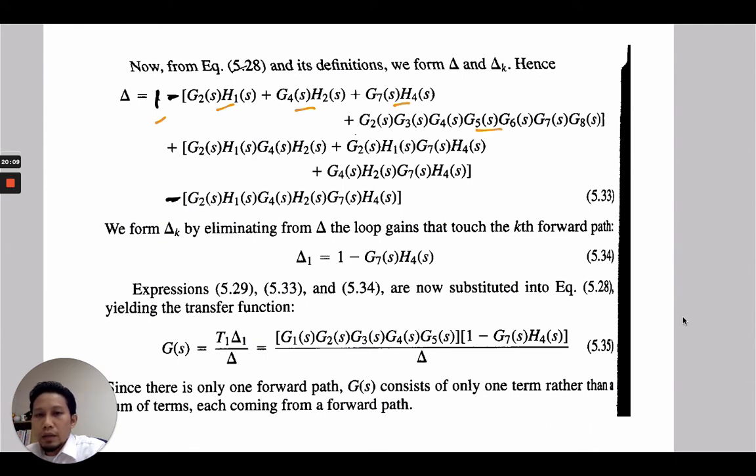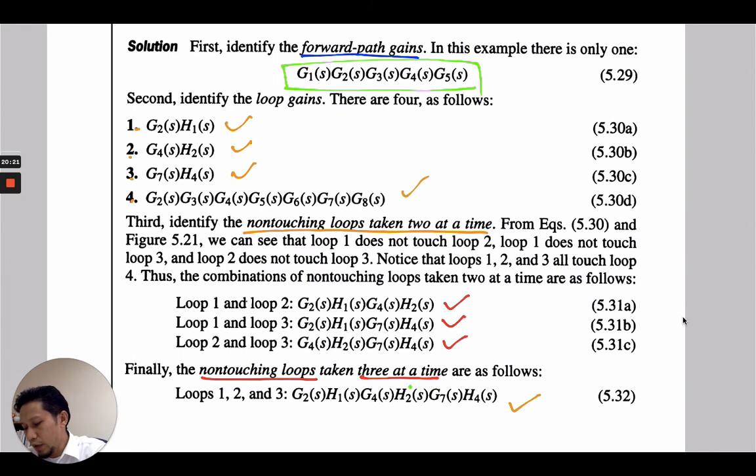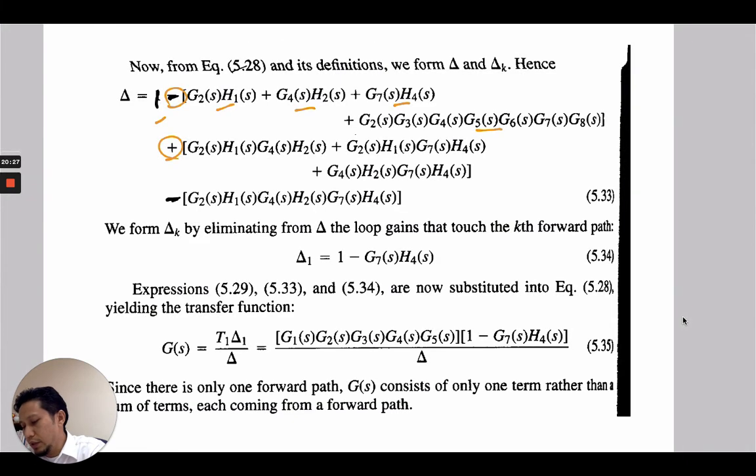Plus 2 non-touching loops at a time: we have 3 pairs, 1, 2, 3.